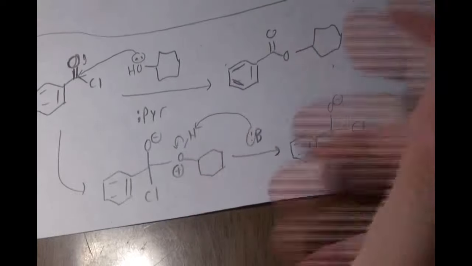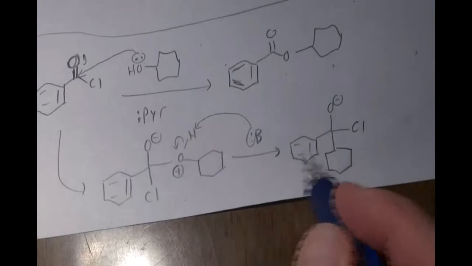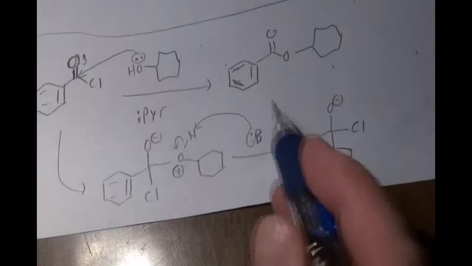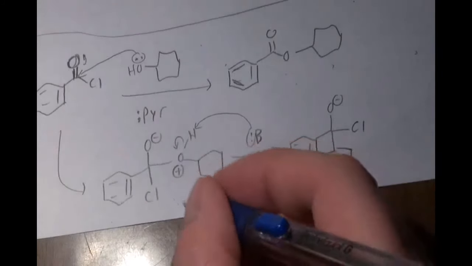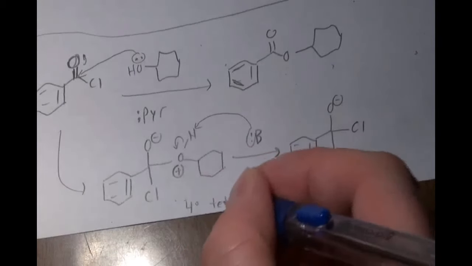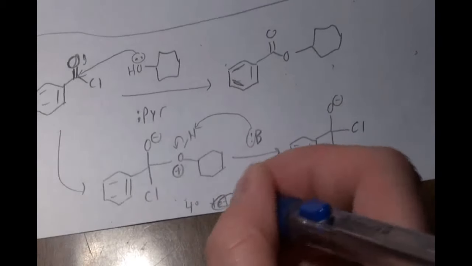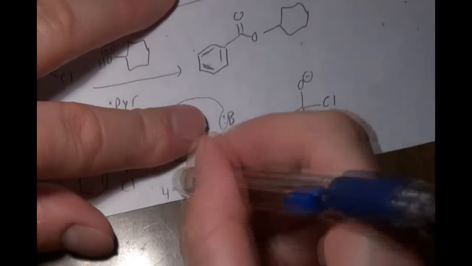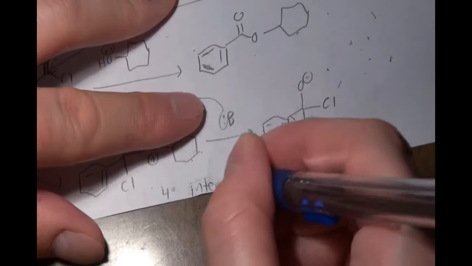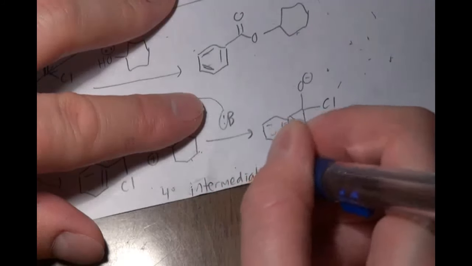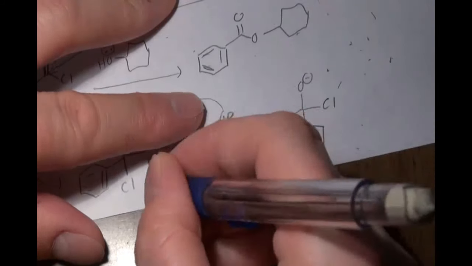Now both of these are considered tetrahedral intermediates. This is the one that's going to collapse to give the product. But that's a tetrahedral intermediate also. There are two tetrahedral intermediates.